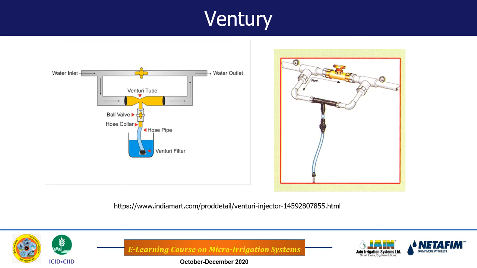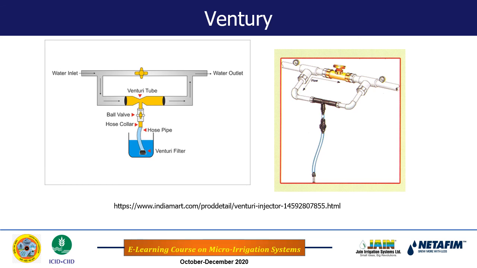In this case, a pressure difference is needed between the inlet and the outlet of the injector, and therefore it is installed on a bypass arrangement placed on the open container with the fertilizer solution. The rate of injection is very sensitive to pressure variation, and small pressure regulators are sometimes needed to keep the ejection constant.